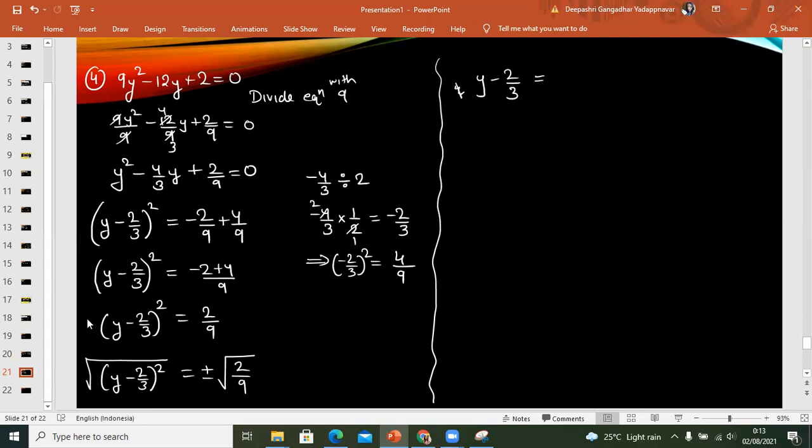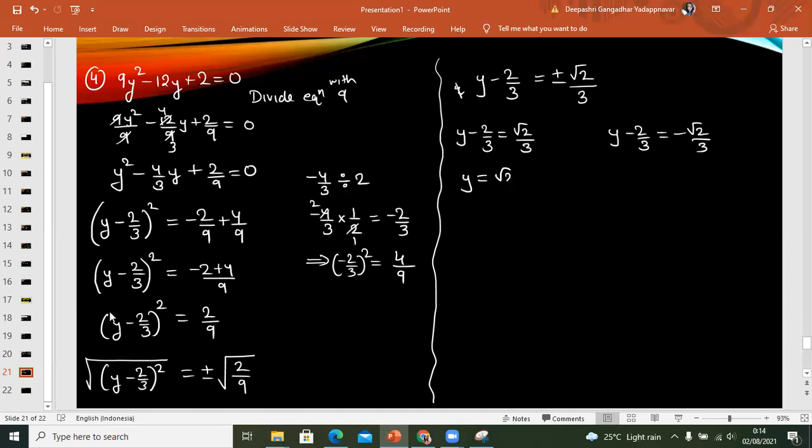On the other side, plus or minus square root of 2, and square root of 9 will give you 3. Let's separate this into y minus 2 by 3 with positive root 2 by 3 and y minus 2 by 3 with negative root 2 by 3.